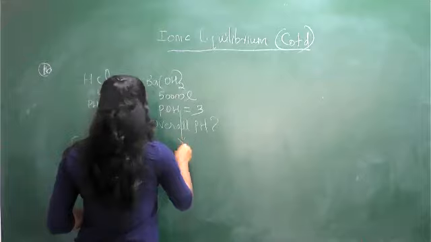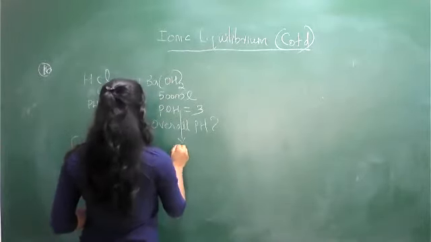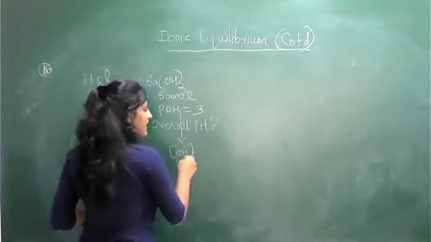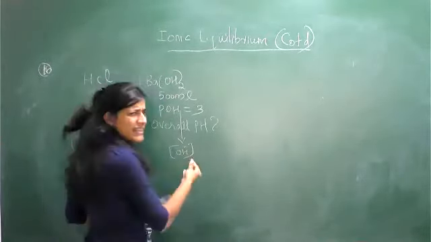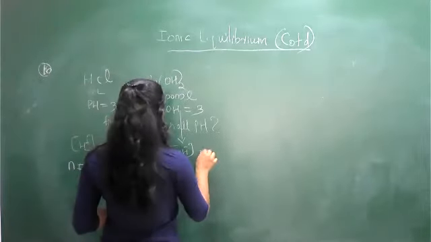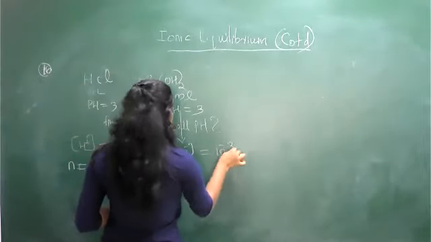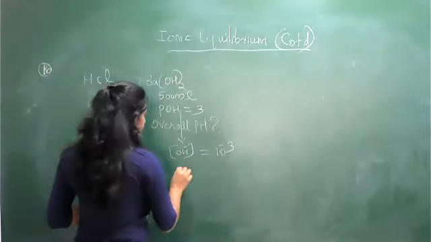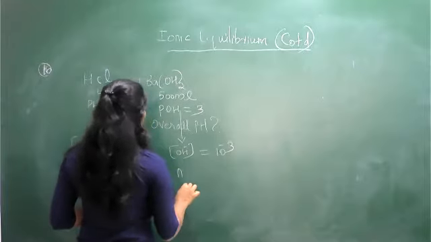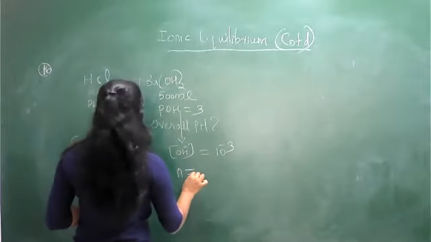Similarly, you can do this one. Here OH minus concentration is given, OH minus is equal to 10 to the power minus 3.